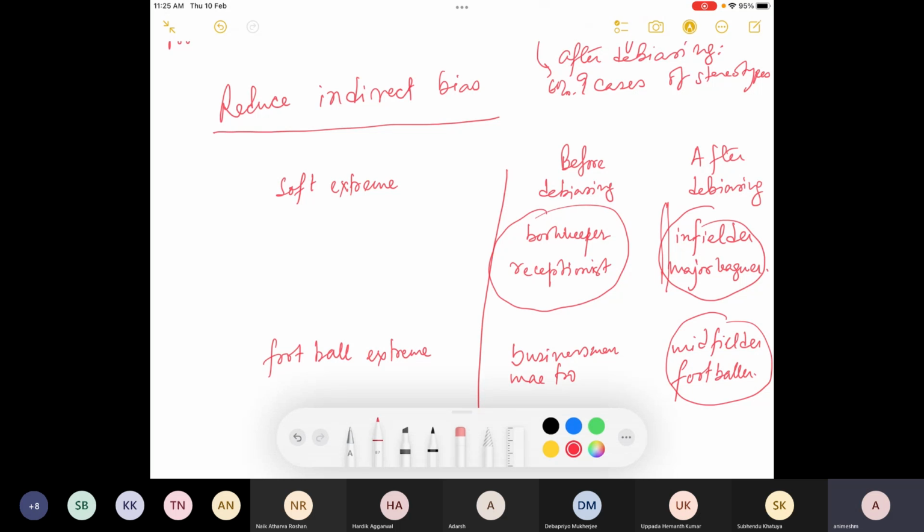Okay, so the authors show that they have been successful in removing both the direct and the indirect biases in the new embeddings.